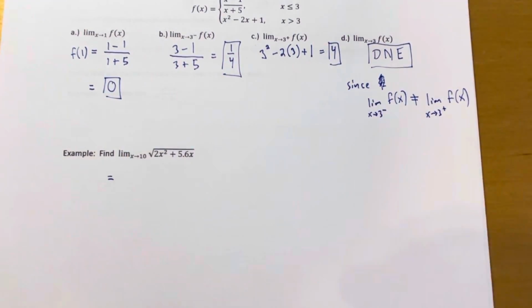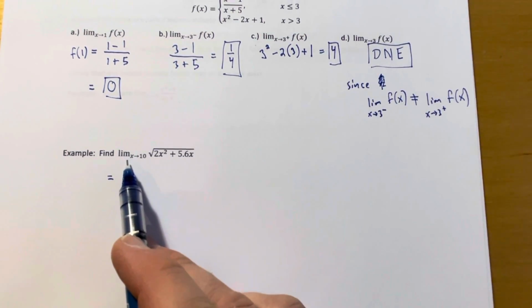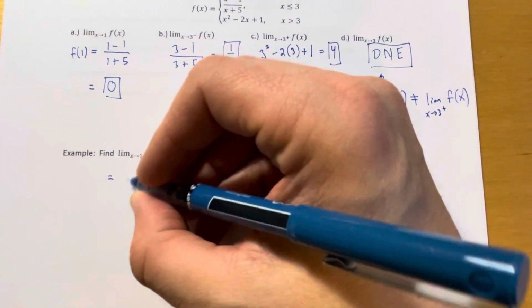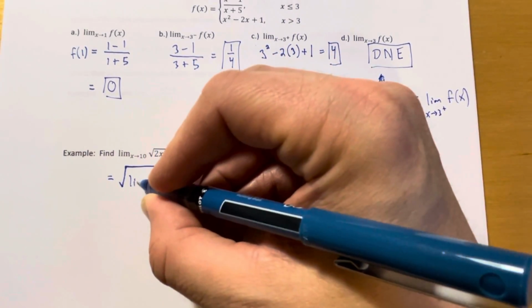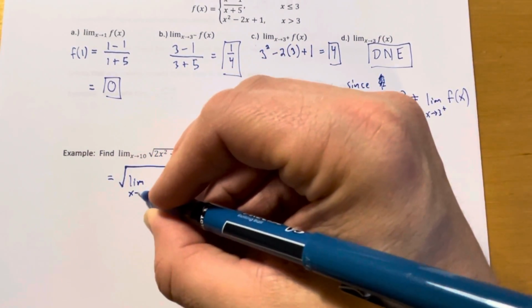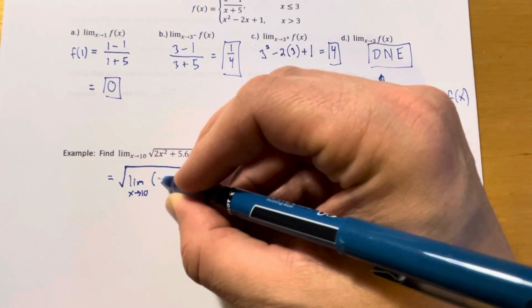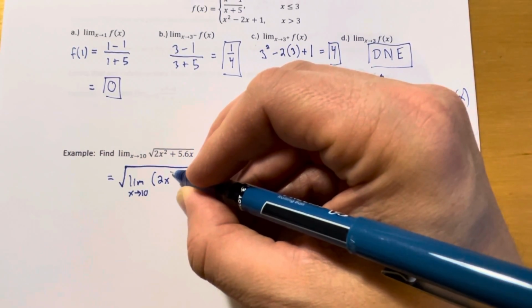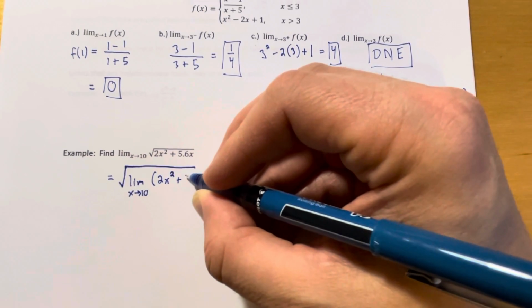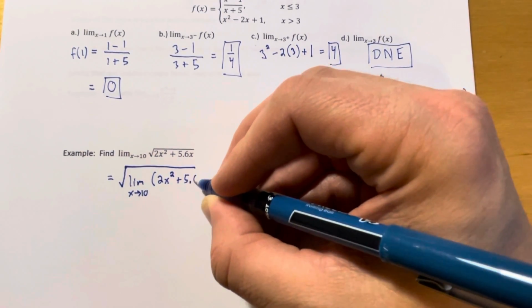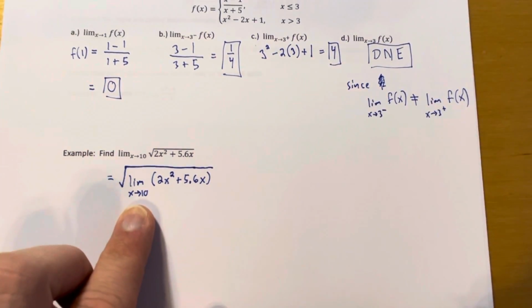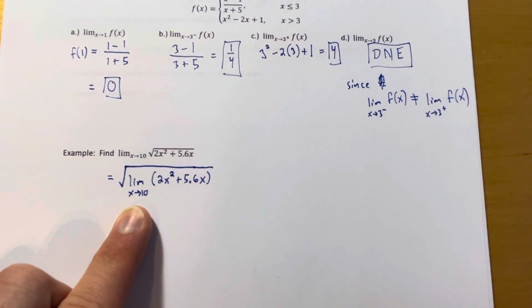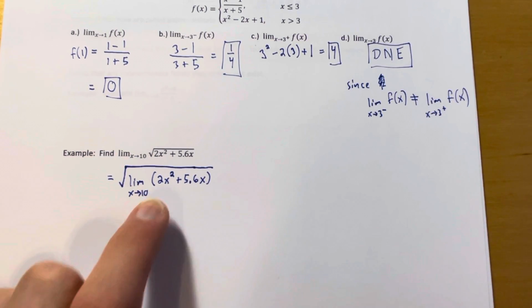I can use one of my limit properties that we talked about at the beginning to bring that limit inside that radical. We know that that's something that we get to do with radicals. This becomes the limit as x approaches 10. And remember, we want to put the radicand, the expression on the inside here, in parentheses, just to show that we are applying that limit to the whole thing and not just the first term.